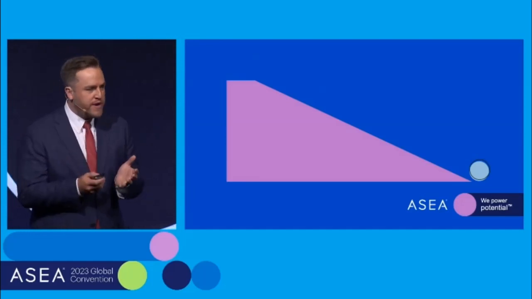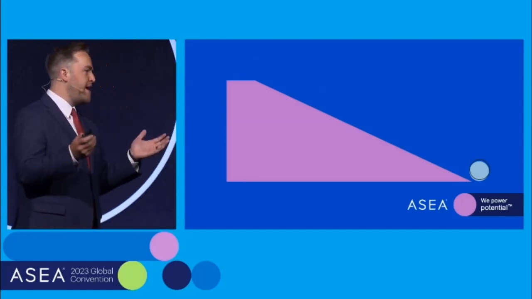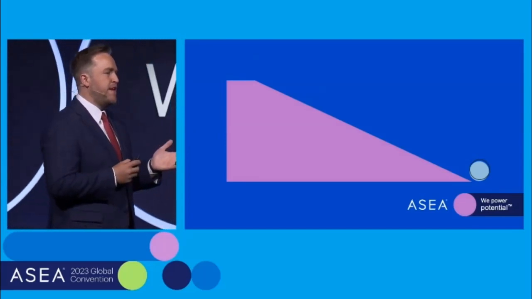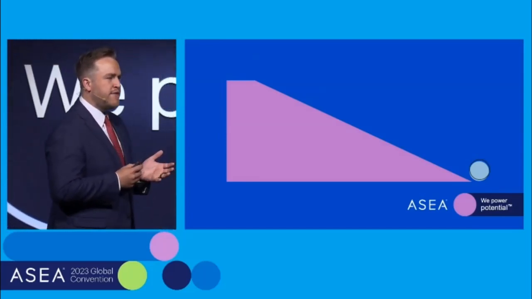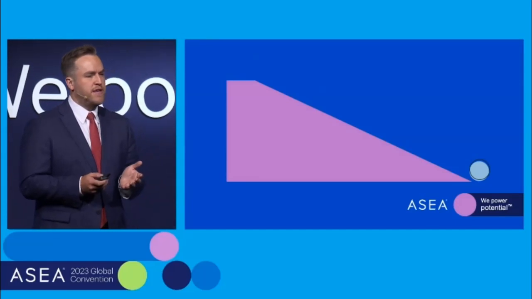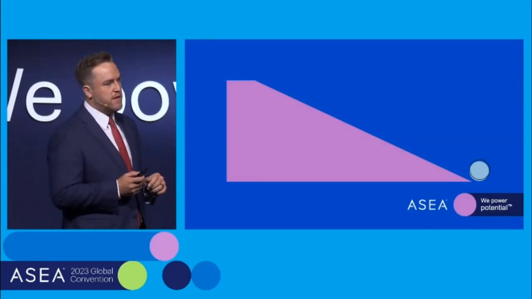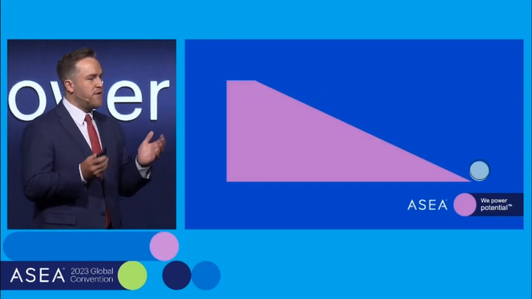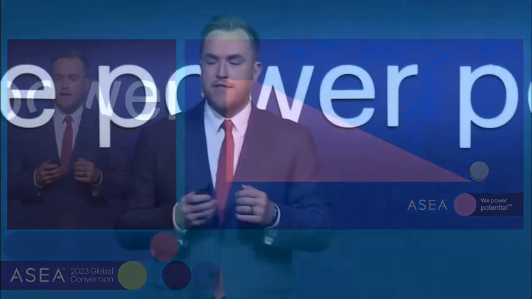And I almost always receive the answer, well, gravity. We all know that gravity pulls the ball down the hill. And then I ask, why does gravity pull the ball down the hill rather than push it up the hill? What is gravity trying to take from the ball? And the answer is energy.